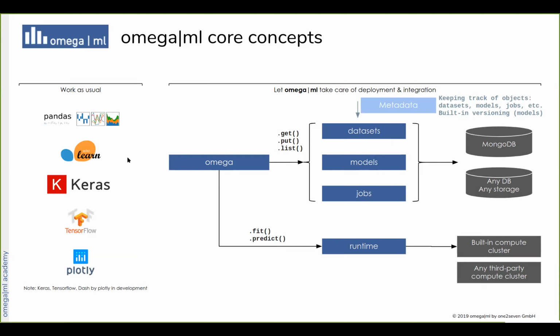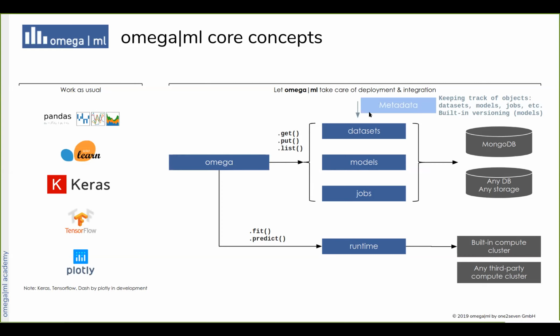And you can also store models. Again, you can take your model as you have it in, let's say, a scikit-learn linear regression model, and you can just store that. And similarly, you can store a Jupyter notebook, and have that execute as a job on your cloud cluster. In the backend, Omega ML will by default use MongoDB, but it can also integrate with any other database or file system.